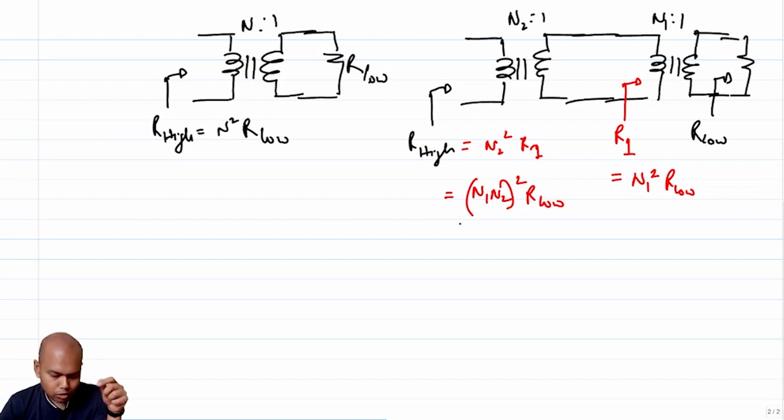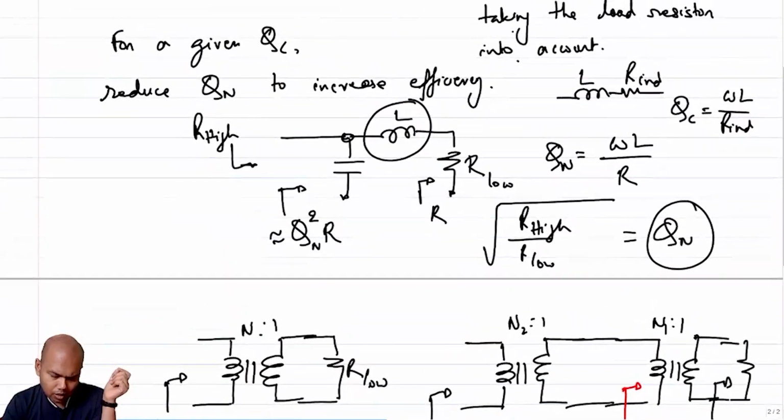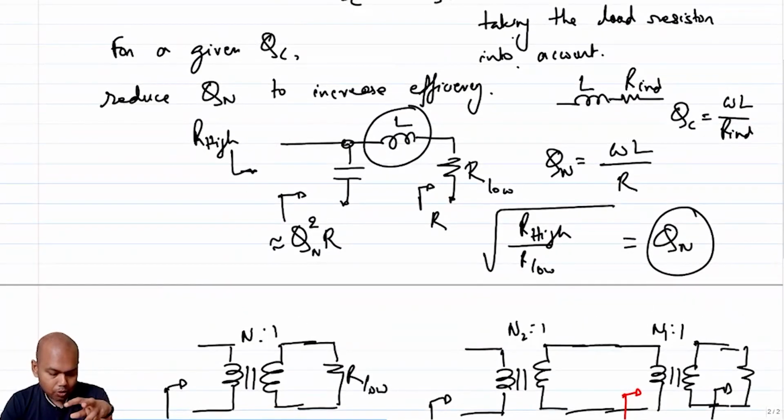The thought process goes back to this: why do high Q networks tend to have more loss, for a given component Q? It is because if you think about it, when you are choosing to go for a high Q factor, what are you essentially doing?